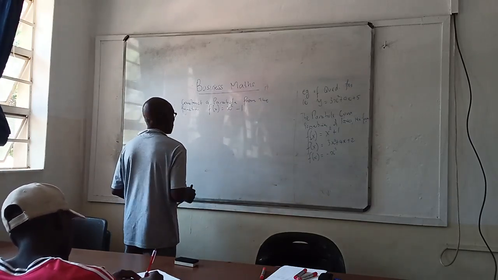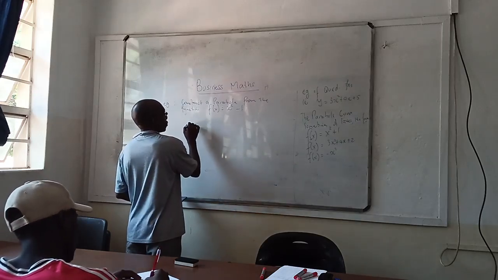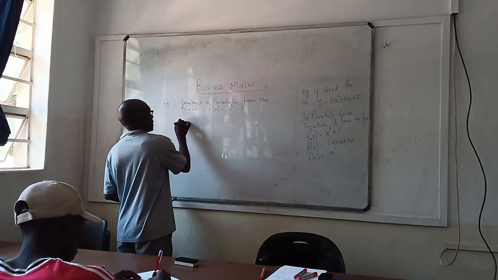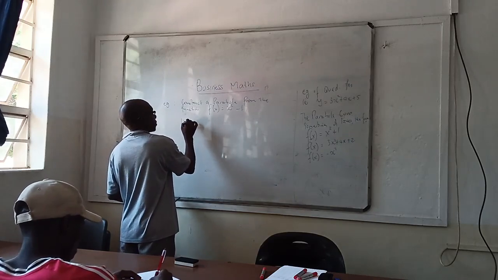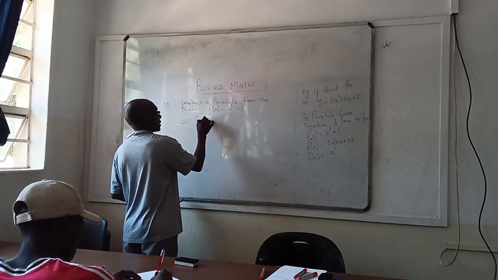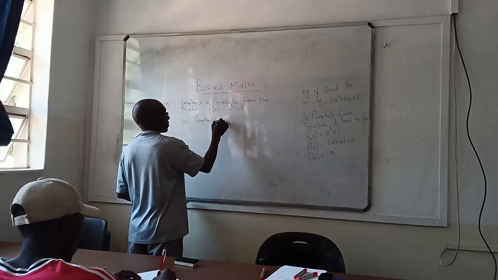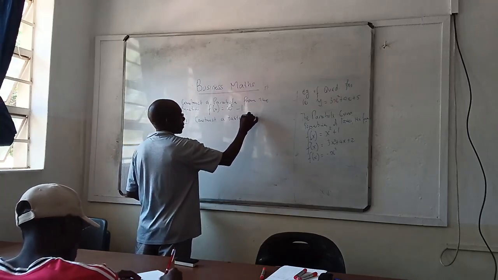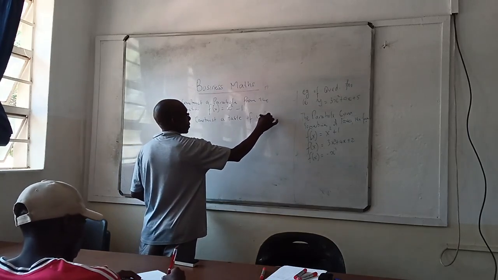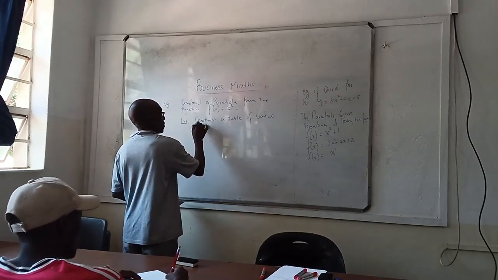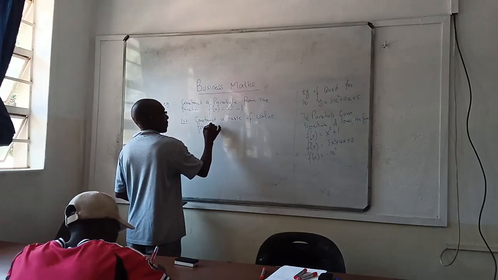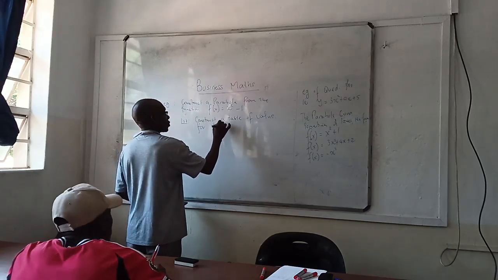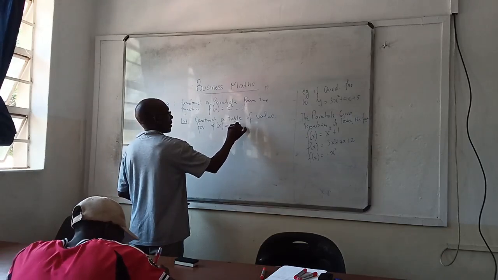What you have to do, you do like this. First, construct a table of values for the function f of x is equal to x squared minus 1.